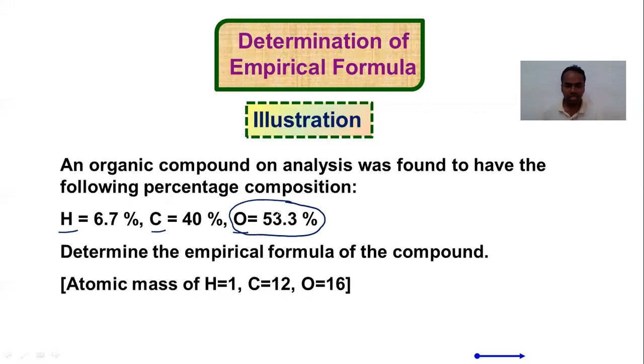In some numericals, they intentionally don't give the percentage of oxygen. Then how can you find it? In some numericals they won't give the percentage oxygen. Then how can you calculate the percentage oxygen?